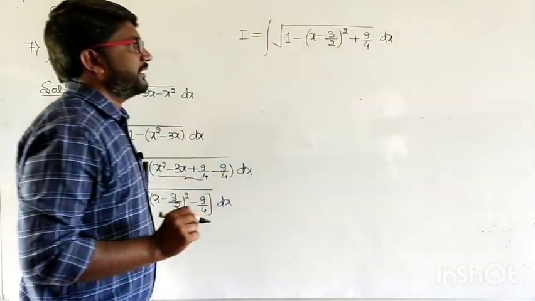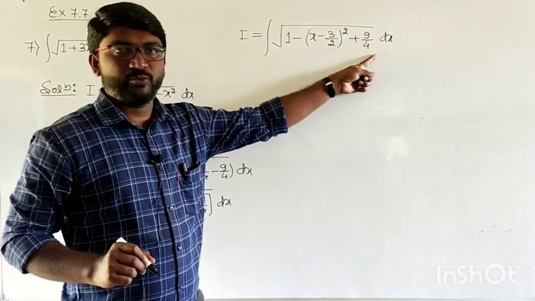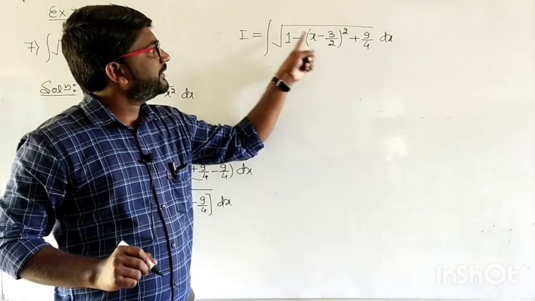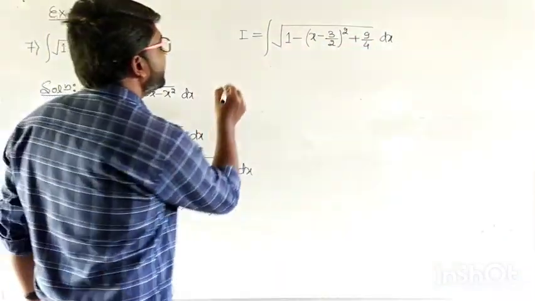Now see here, we write this as it is, then 1 plus 9 by 4: 4 into 1 is 4, 4 plus 9 is 13, divided by 4.